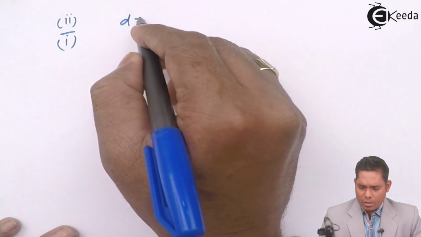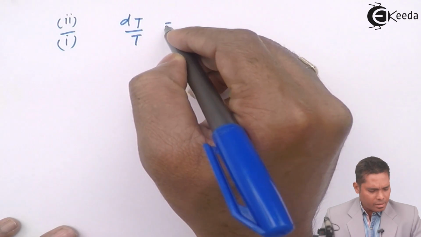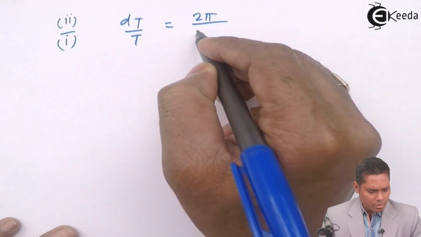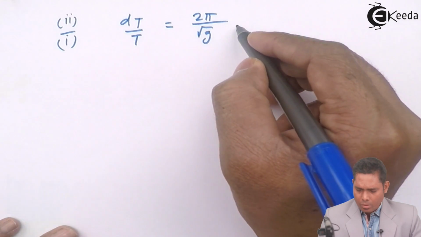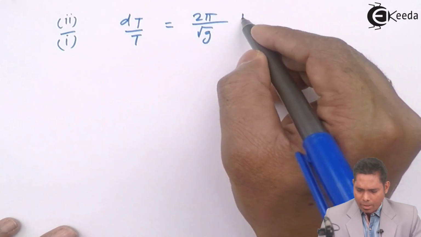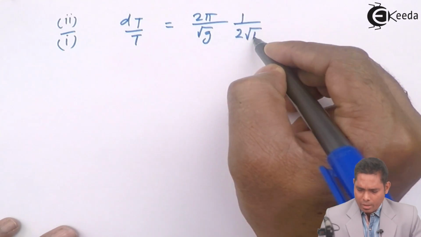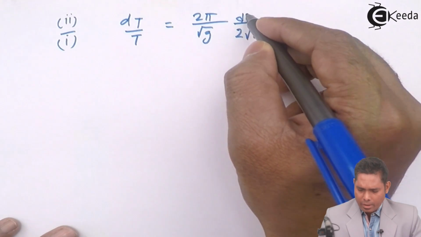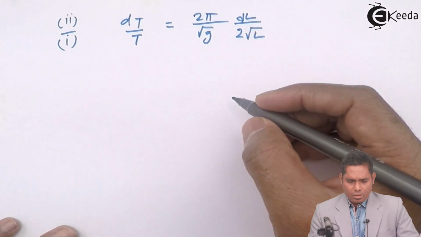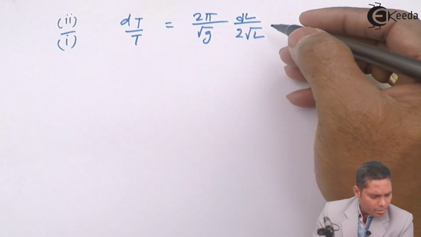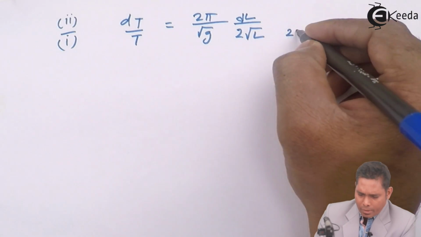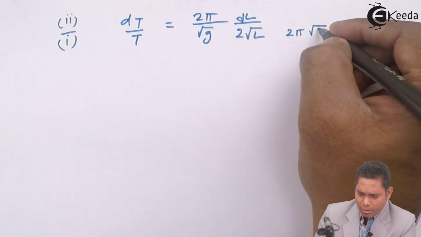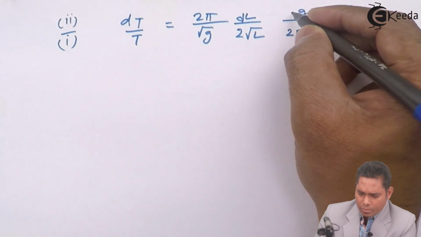So dT over T: on this side we have 2 pi under root of g times 1 by 2 root L times delta L, divided by 2 pi under root of L by g.